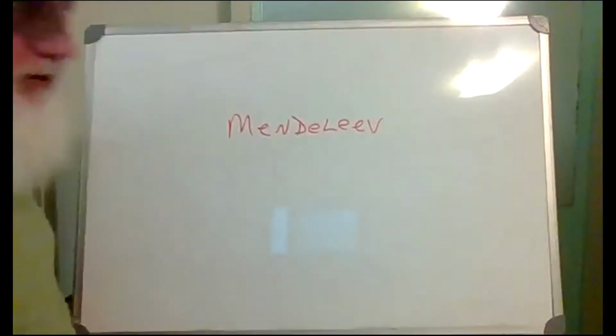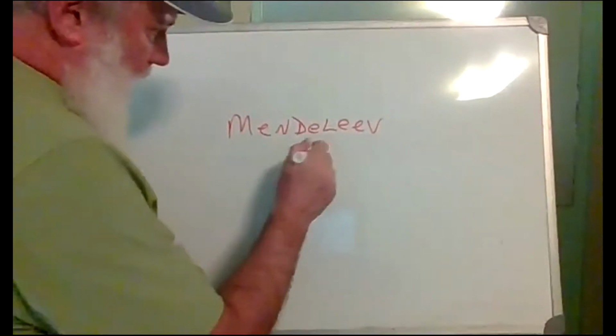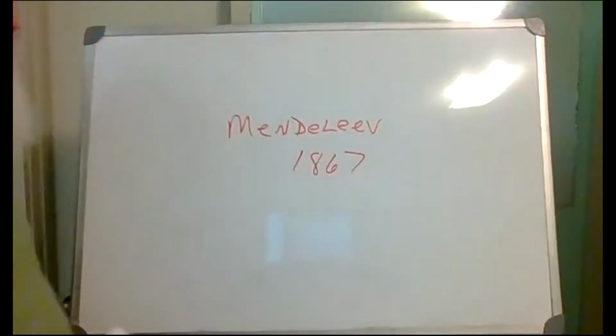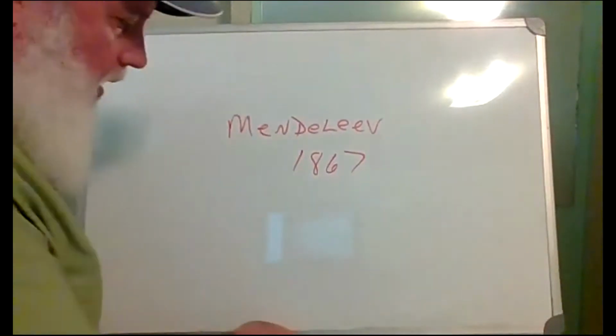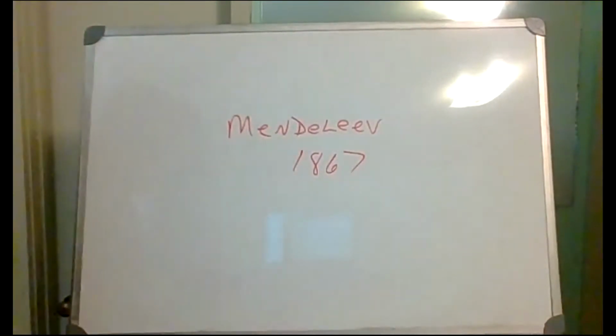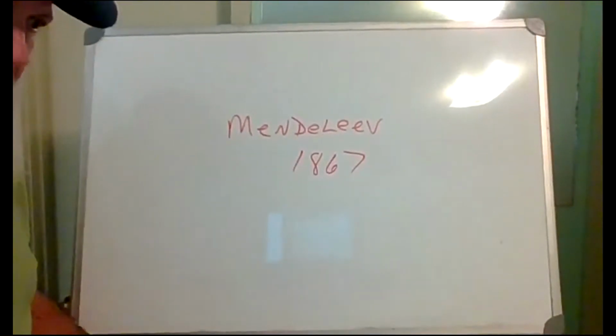And if you do have a book, this is all in like chapter 4 or so. Okay? So this was around like 1867 or so. Some books say 1865, some say 1867. All right, so he was a Russian chemist. And this was a major, major discovery, him coming up with the periodic table.